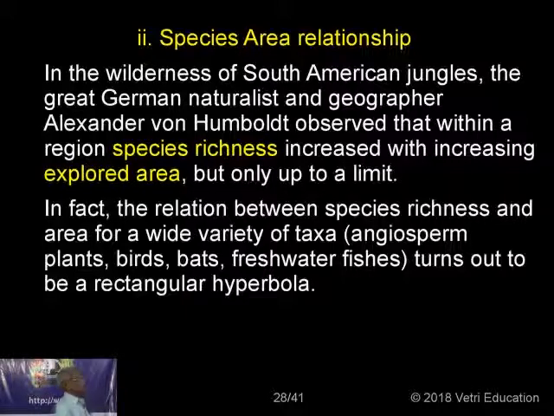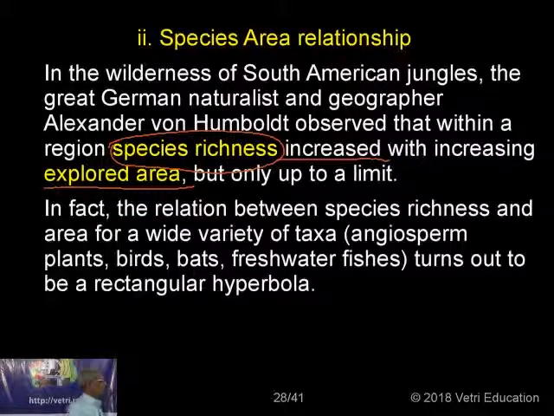So the species richness increases with the increase of the explored area. The more area you explore, the more species richness you will come across, but only up to a limit.